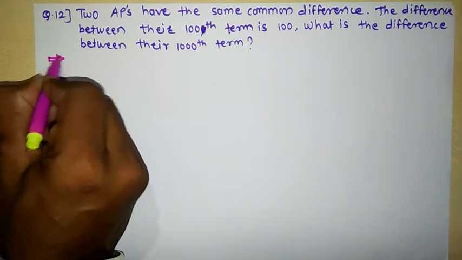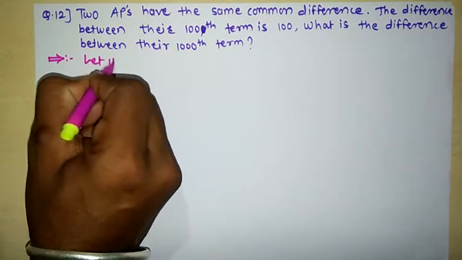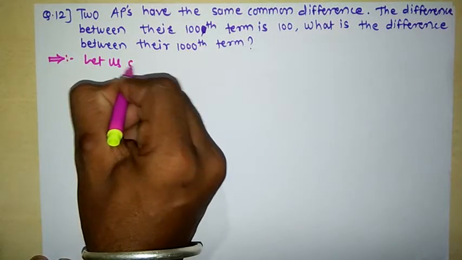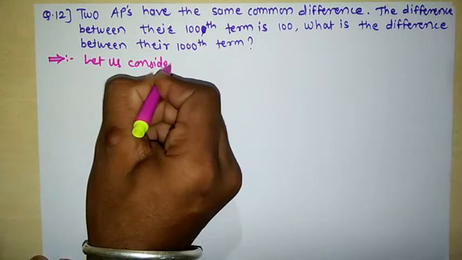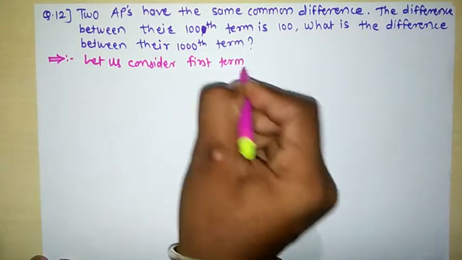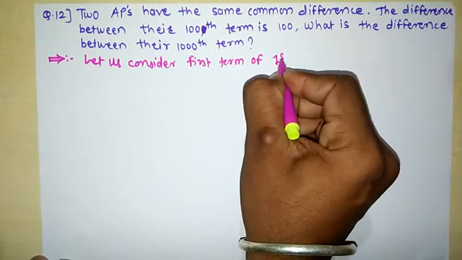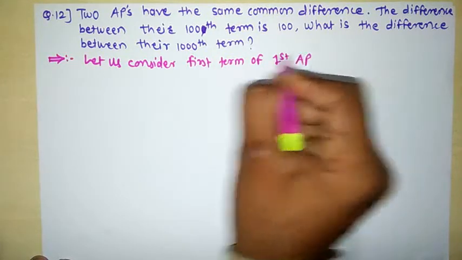Now let us consider the first term of the first arithmetic progression. There are two APs.